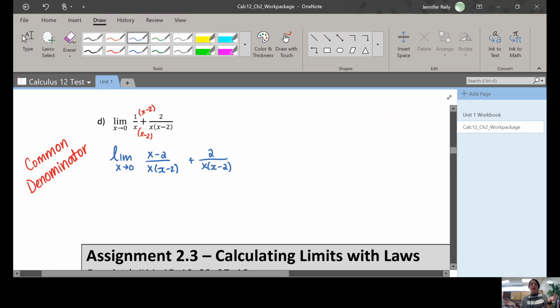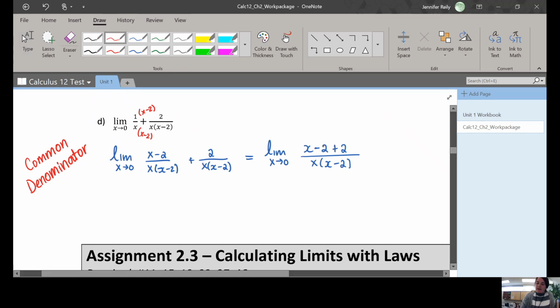Now they have the same denominator, we can add them together. So fractions can be added once their denominators are the same. So x minus 2 plus 2. You add the numerators and keep the denominators the same.